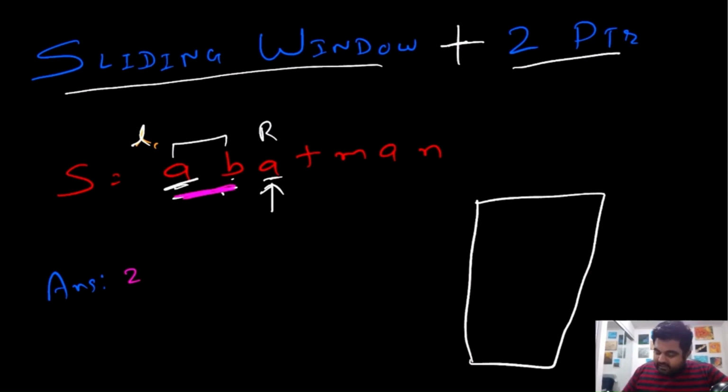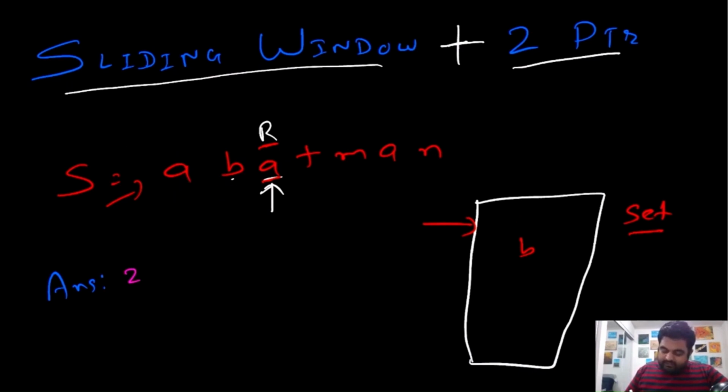Initially this only had the value A, then we added a B. So far inside our hash set we have A and B. Now when the R pointer comes at this position A, first we check whether A exists, and we realize that A exists inside this hash set, which means that in this substring we cannot add this value A. So now we are going to remove A from our set, and we are also going to update our left pointer to remove this value A.